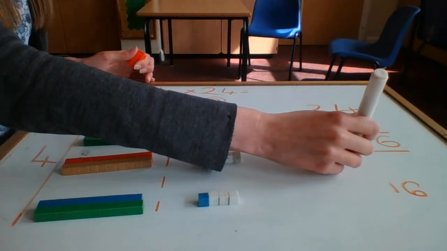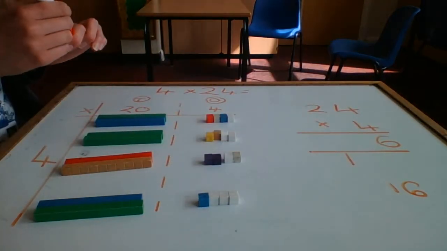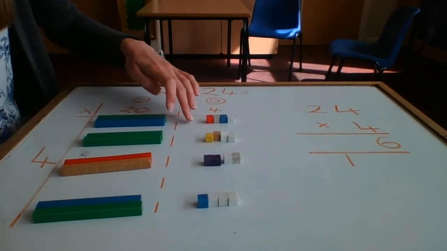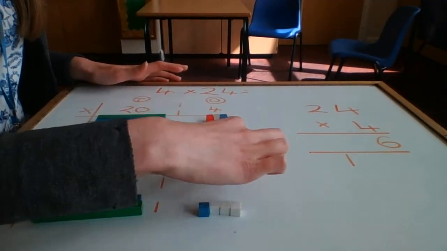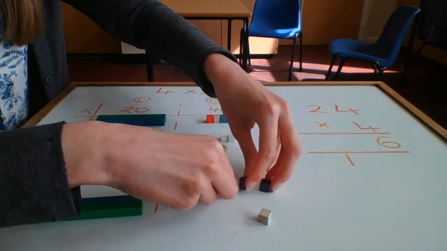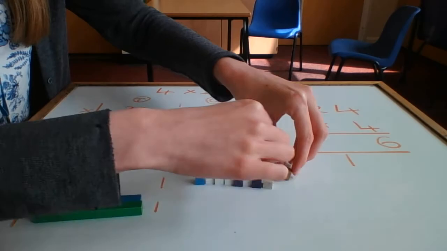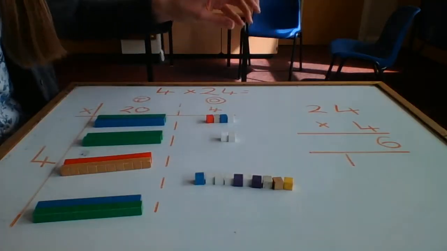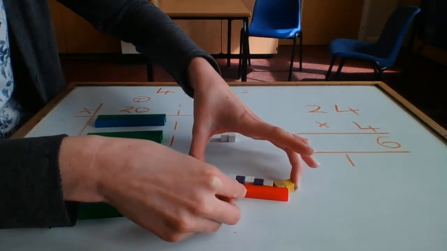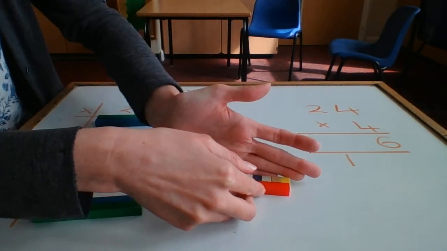So that needs to go underneath the tens column, just like before. Over here, I can take 10 ones, line them up so you can see it's the same. I can take 10 ones and change those for a stick of 10.